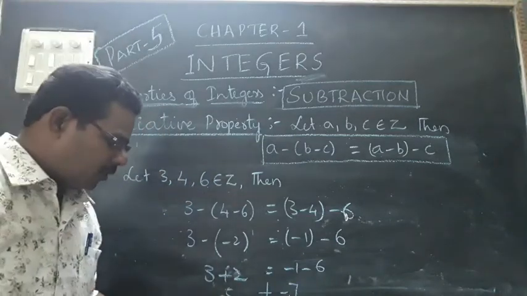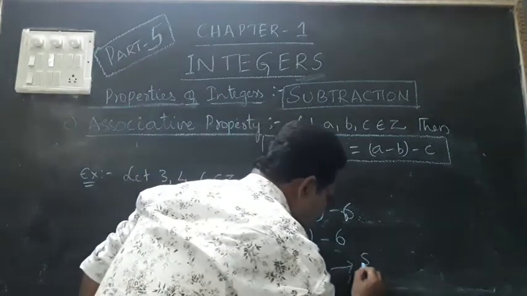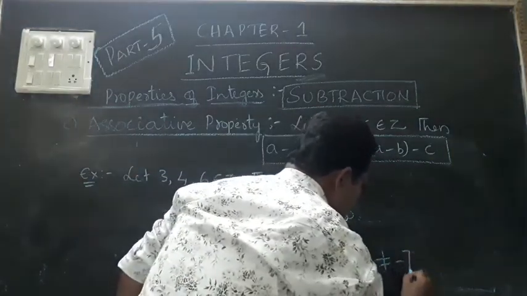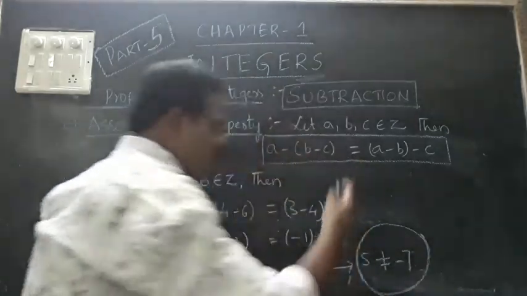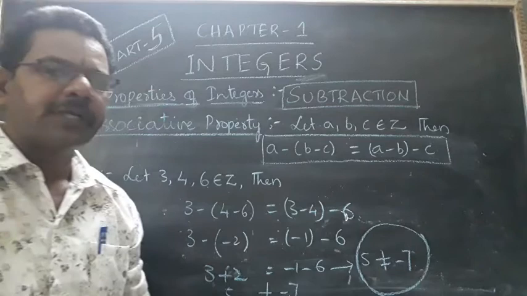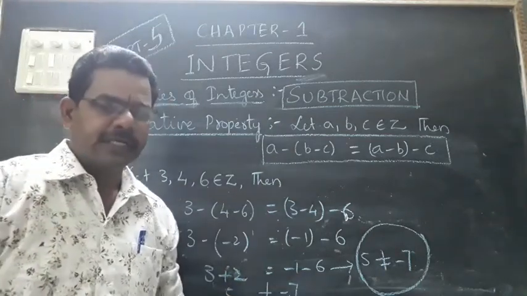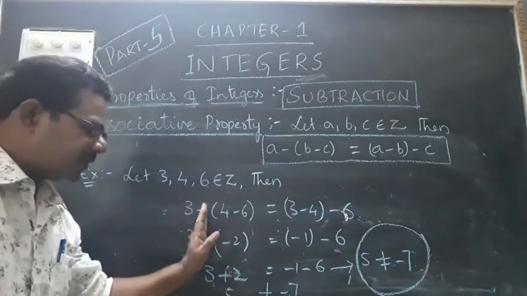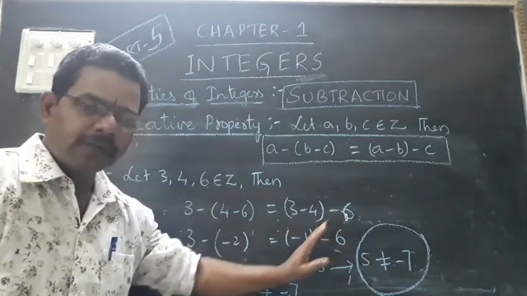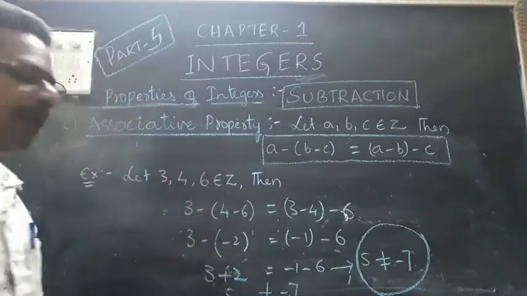So 5 is not equal to minus 7. So it is not following under subtraction. Associative property is not following under subtraction in the set of integers, because the left side value is not equal to the right hand side value. Understand? So this is the third property.